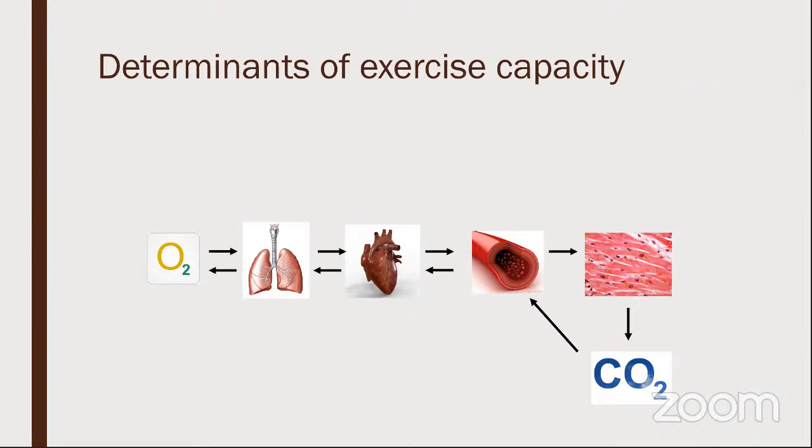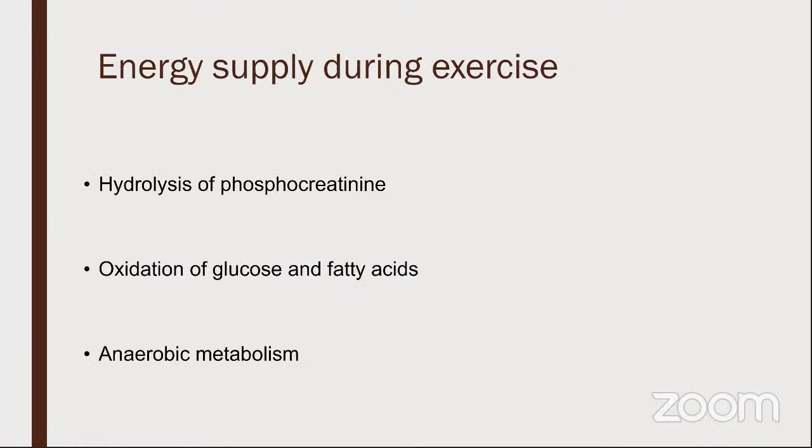So when you start an exercise, the sources of energy supply vary during the time. So in the first minute, the source of your energy, which is the mechanical energy, is your hydrolysis of your ATP stores. Then, roughly from the second or 10th minute, depending on the capacity of the patient, it's usually the oxidation of your glucose or fatty acids which delivers your ATP.